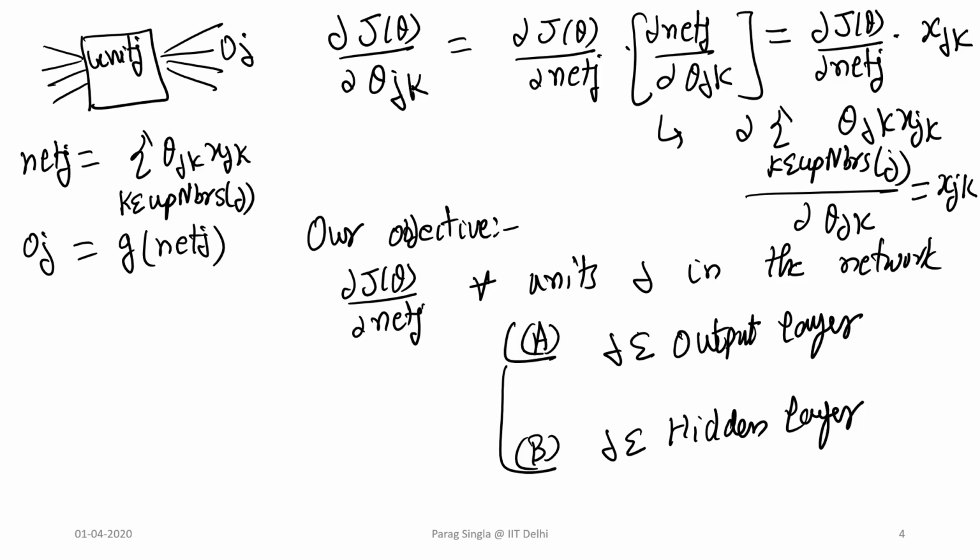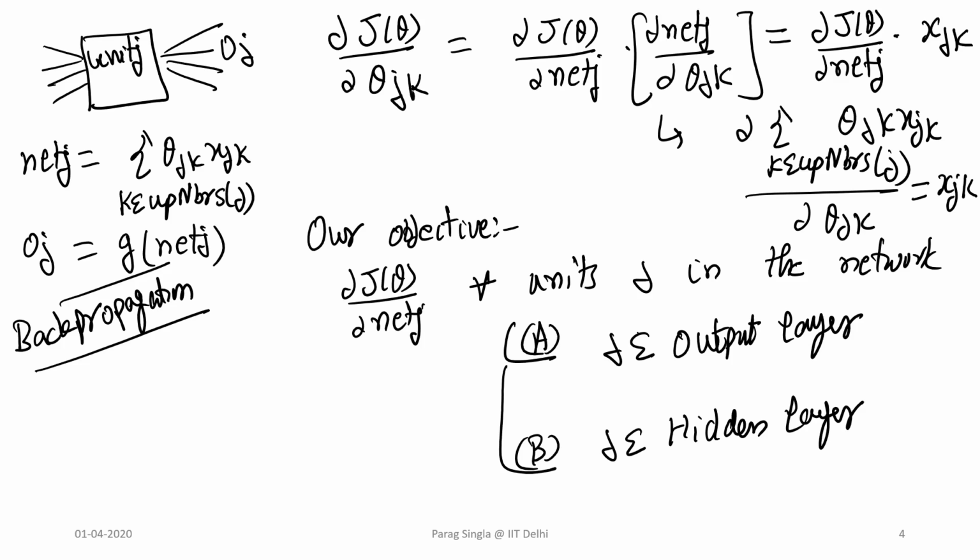This separation is exactly for the reason that I described earlier, that units in the output layer directly affect J(theta), so the gradient could be computed directly, but for units in the hidden layer we have to do an indirect computation using an algorithm that is in fact the main subject of today's lecture, which is called backpropagation.